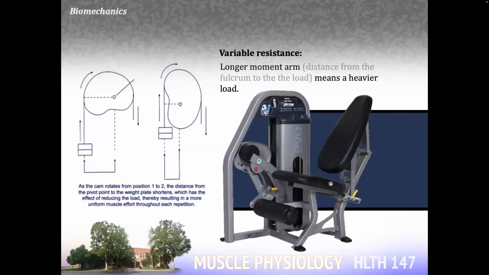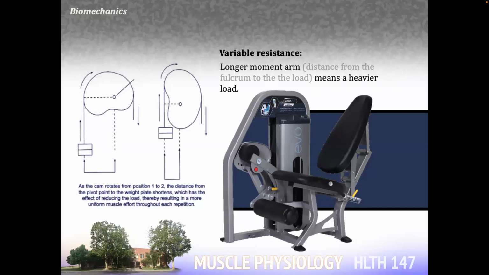So what variable resistance training is attempting to do is mimic that relationship. It doesn't do a very good job usually, but it attempts to create a load that is proportional to the muscle's capacity throughout the range of motion. So instead of having a consistent load throughout the range of motion and inconsistent force production coming from the muscle, you can create a machine that has, like, 50% of the maximum voluntary contraction of your muscle at every point in the range of motion.